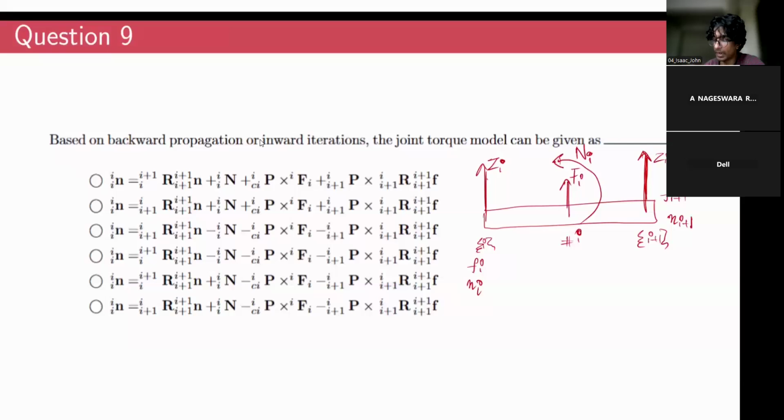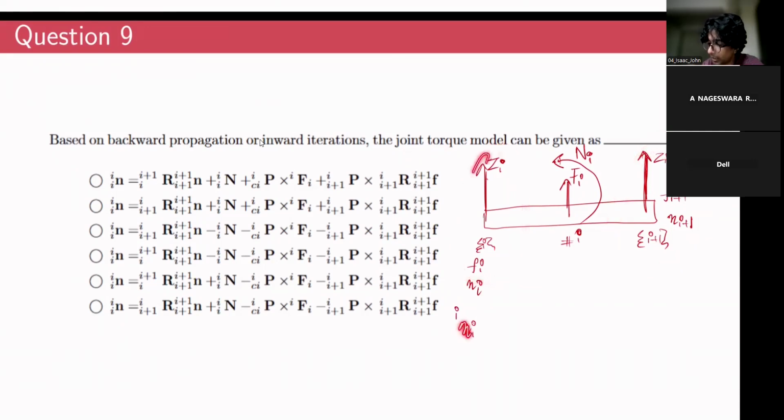So if you take the force balance, the question asks you to find the joint torque, or the moment balance. So if you take the moment balance, Ni, since we are doing the backward recursion, we would be knowing the forces at the I plus 1 end, and we want to find out the forces and moments at the ith end.